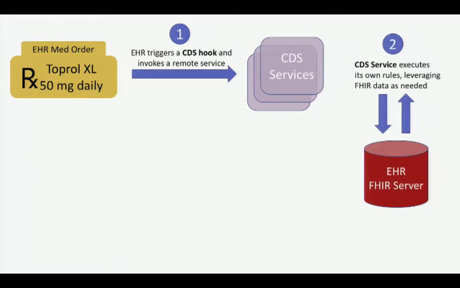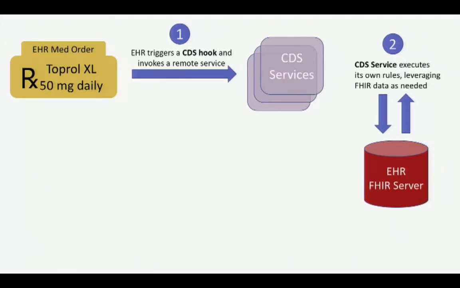Those services evaluate their logic and do the decision support however they see fit. They can use EHR data via the FHIR server, so they can reach back into the EHR's FHIR server and leverage additional data if they need to. They also may have their own proprietary data that they use, maybe a curated set of data that makes their decision support service unique or special.